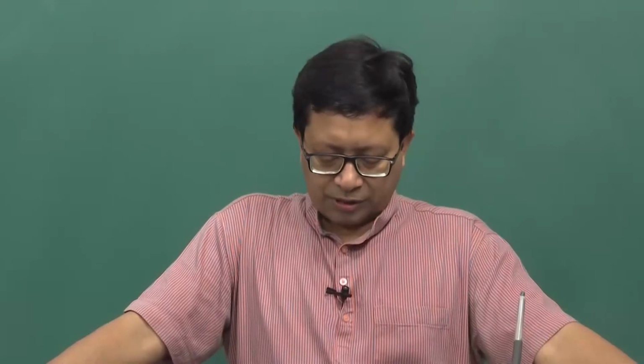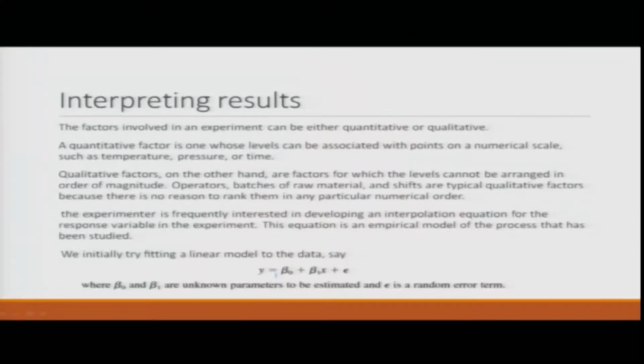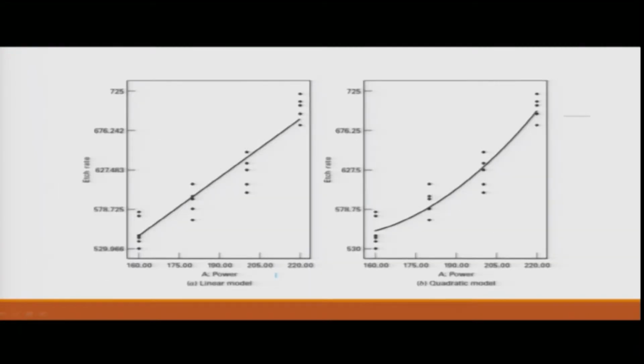Here beta naught and beta 1 are the unknown parameters to be estimated, and epsilon is the random error term. Now fit the data with a linear model, and then with a quadratic model. You are fitting the heat rate along the y axis and the power along the x axis, but in the first case you consider the power's relationship with the heat rate as linear, and in the second case as quadratic.